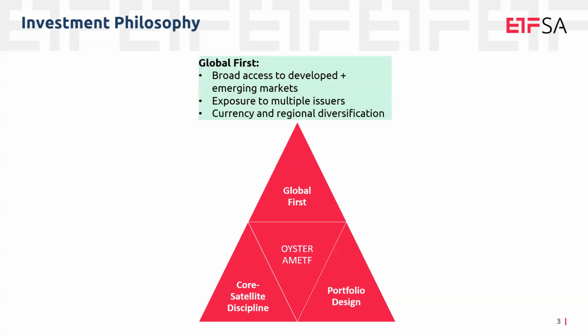What do we mean when we say global first? Well, we want to make sure that we get the broad access, not just to developed markets, not just to the US, but really to the full opportunity set that developed and emerging markets offer us. We want to make sure that in constructing our portfolio, we get exposure to multiple product issuers, ETF issuers.